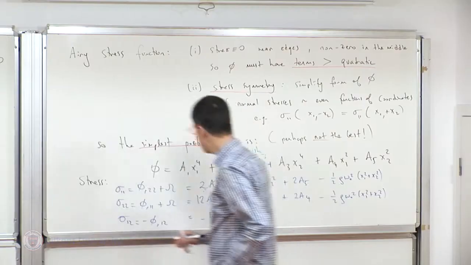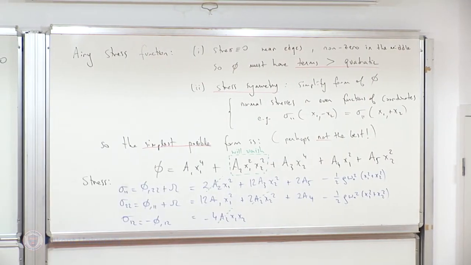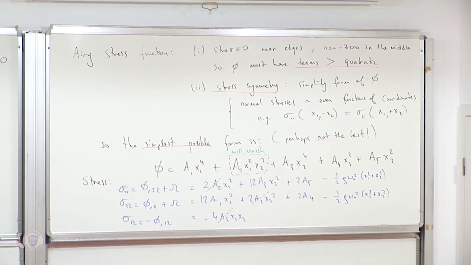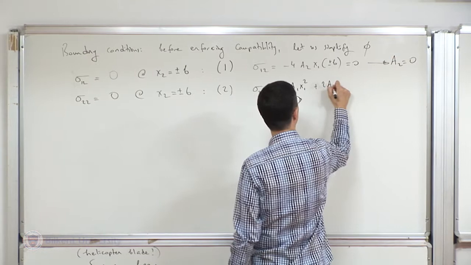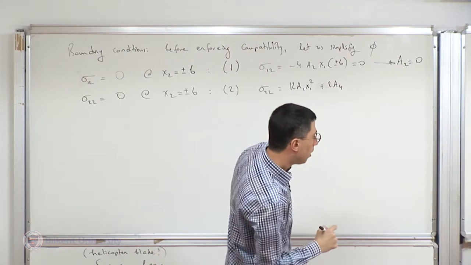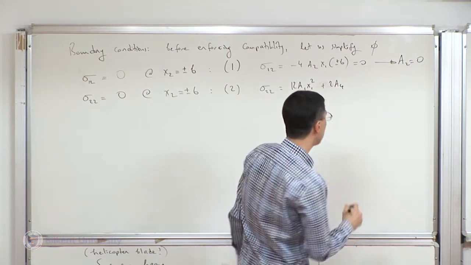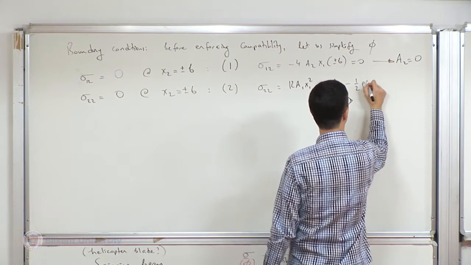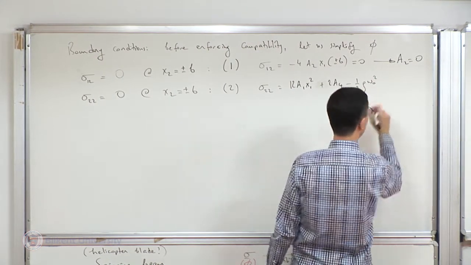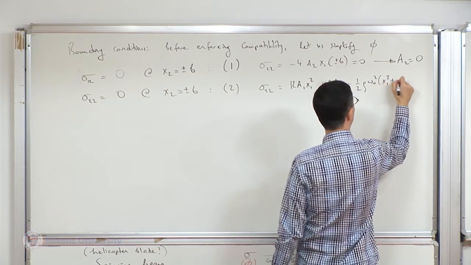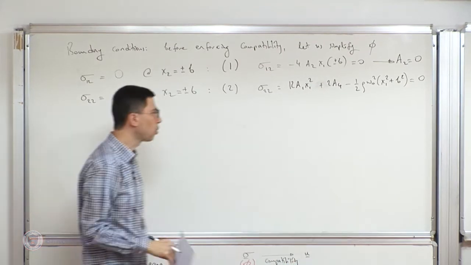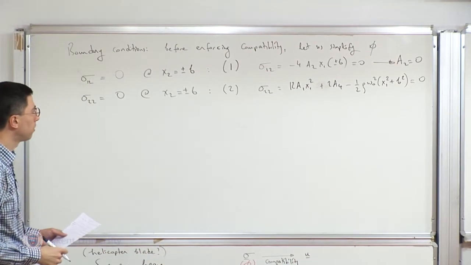So I can remind myself, because as I said, I'm going to be taking a lot of derivatives. So that term is not there. So I have then 2a4 minus 1/2 rho omega naught squared (x1 squared plus b squared). That should be equal to 0. Okay, so plus or minus b doesn't matter.